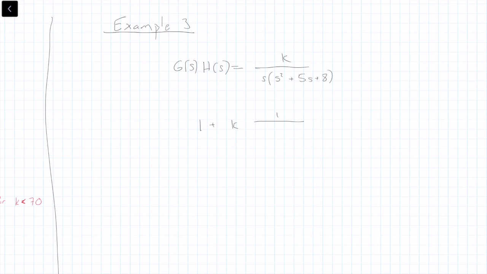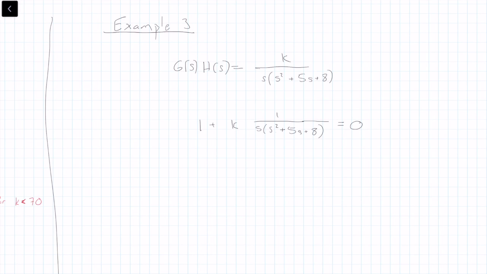We can try to factorize 1, 5, and 8, but it doesn't give us a real solution, so we're just going to leave it the way that it is, and we make that equation equal to 0.